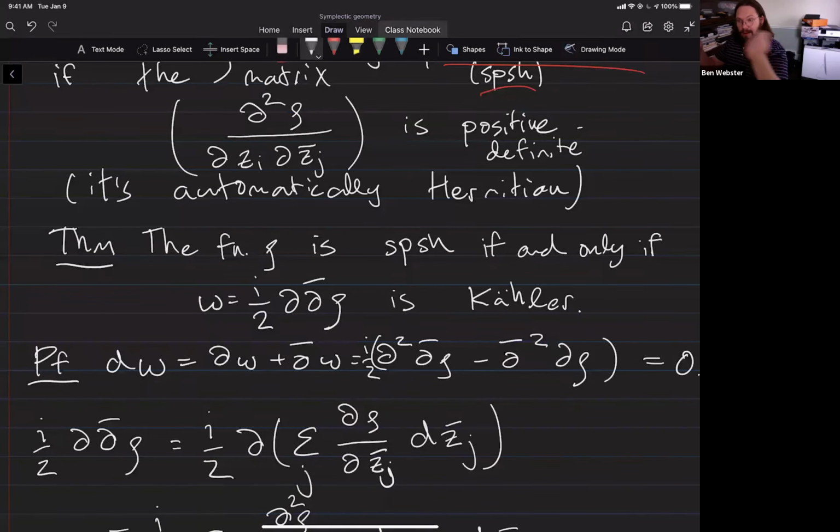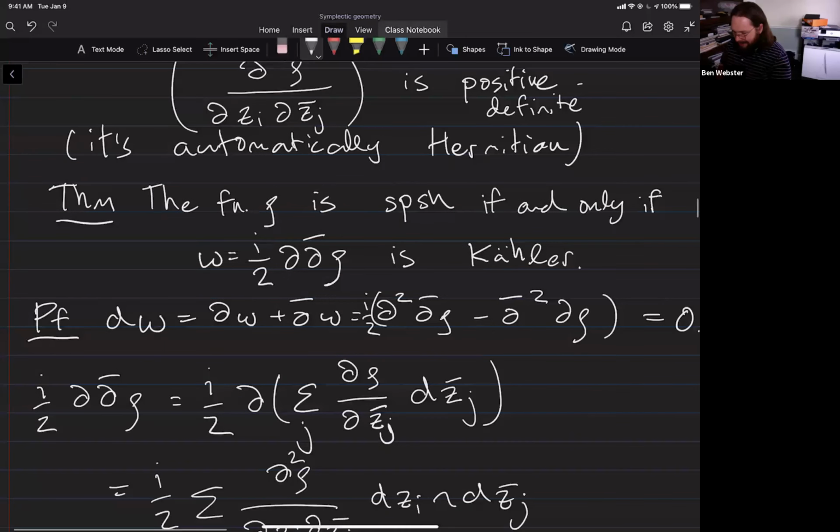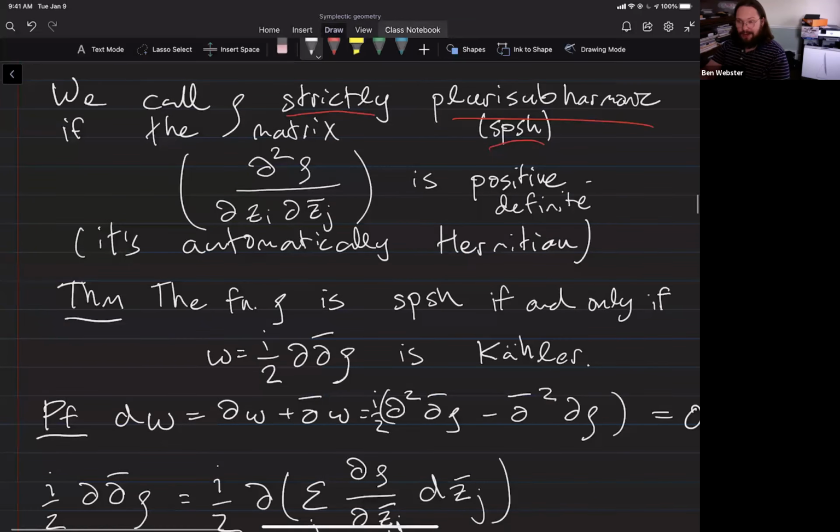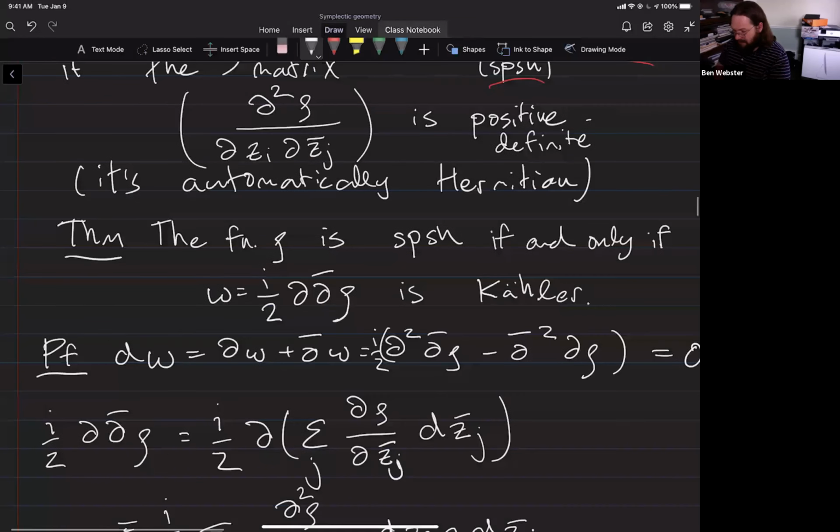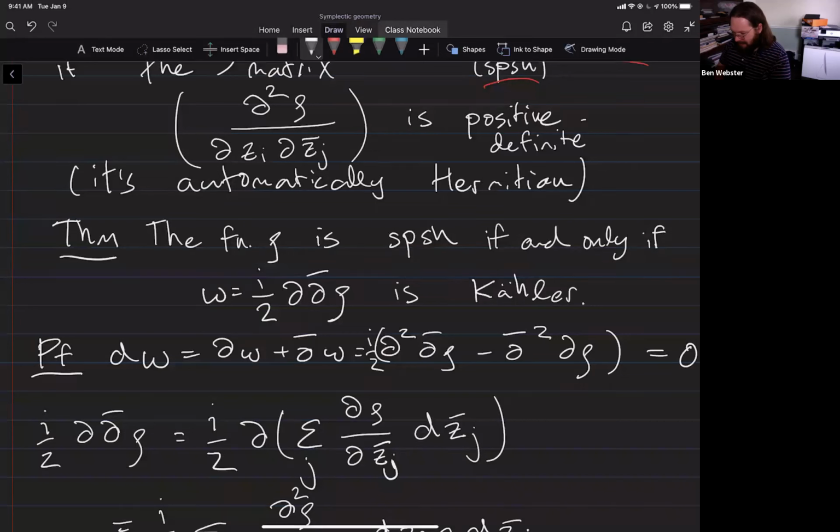And then I apply del to it, and I get a (1,1) form, and i over 2 times that is a Kähler form. If I wanted the metric instead of the symplectic form, then I would be looking at just this matrix. So I have to multiply by i to get the actual Kähler symplectic form.